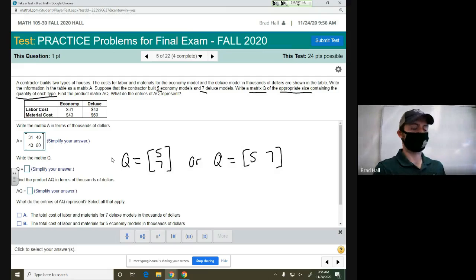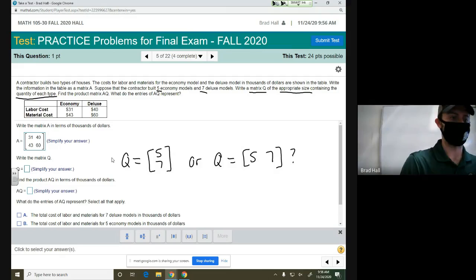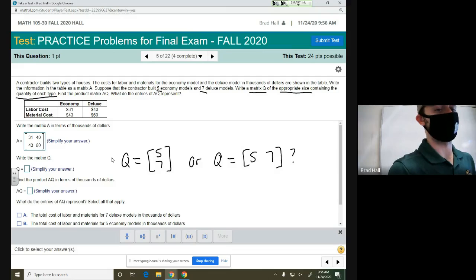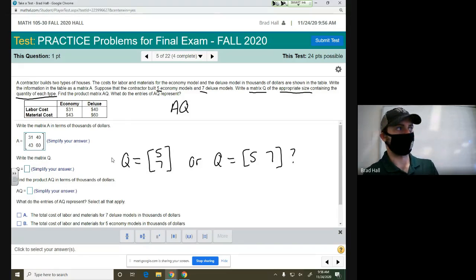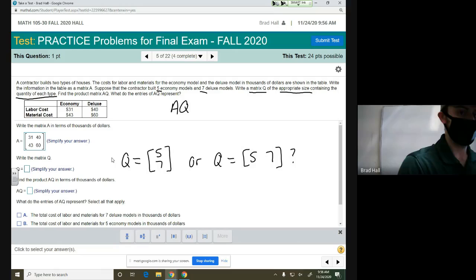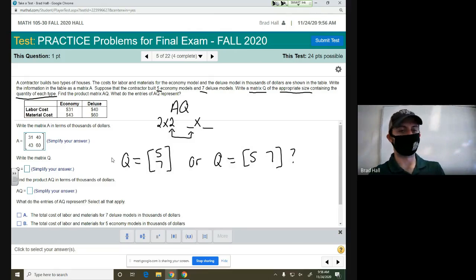And you might think, well, who cares? They look like the same to me. Well, the appropriate size that they're referring to is we need to multiply this matrix Q to A. We're multiplying A times Q in the next part. One of those sizes is not going to work. And we see that matrix A is a 2 by 2 matrix. So that means for Q, we need to pick Q such that these two numbers are equal.